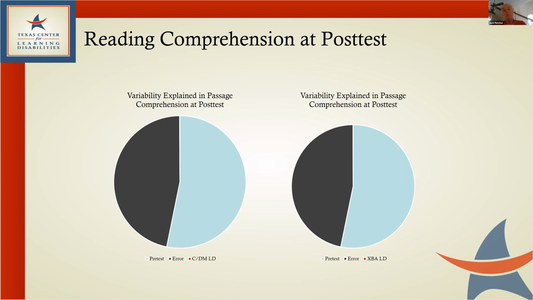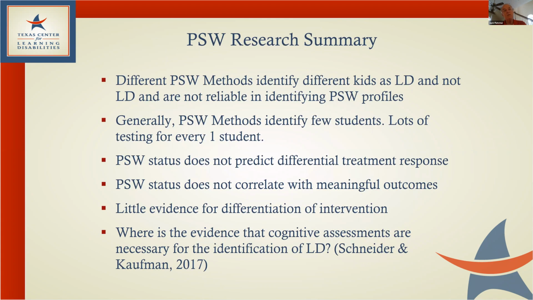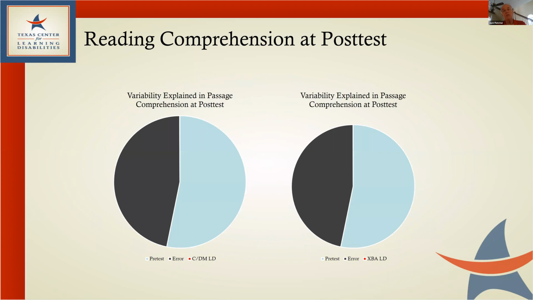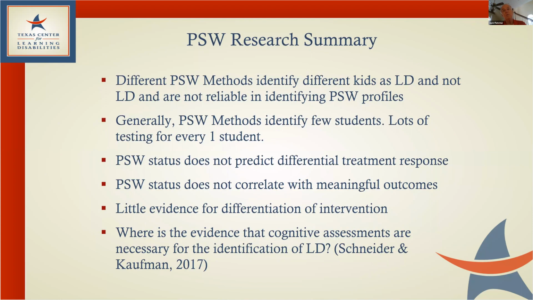I know you don't see much red, and that's because there isn't very much. It does not account for much variability. It basically isn't predictive.